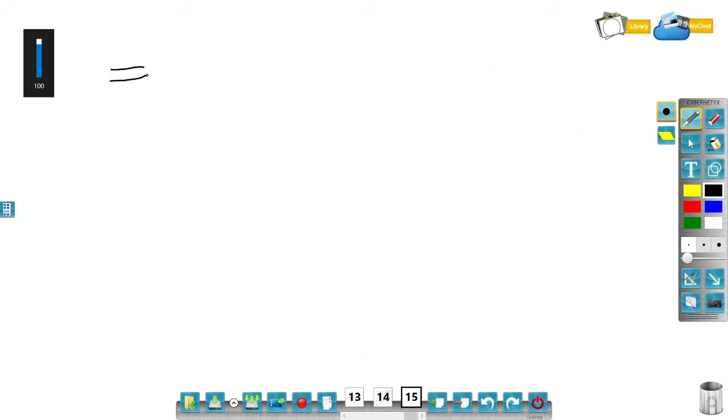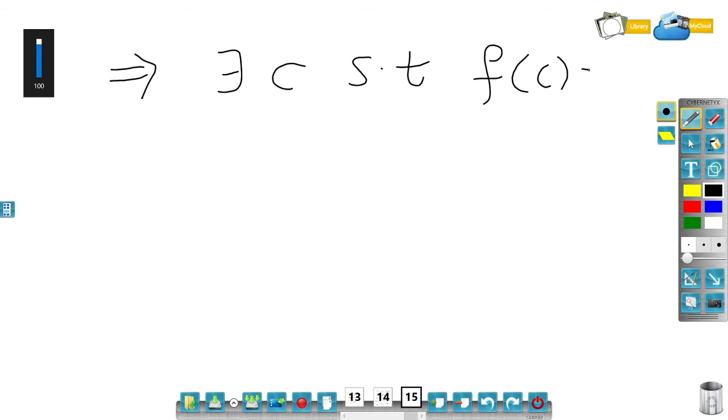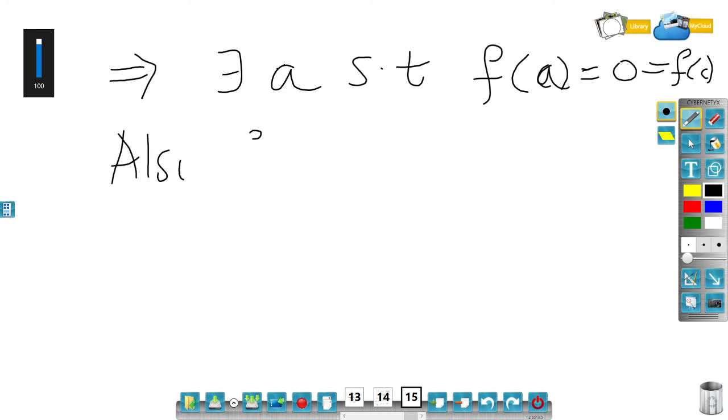So this would imply that there exists a such that f at a is also 0. F at a is 0 as well as f at c is also 0. Also we know that f is continuous.